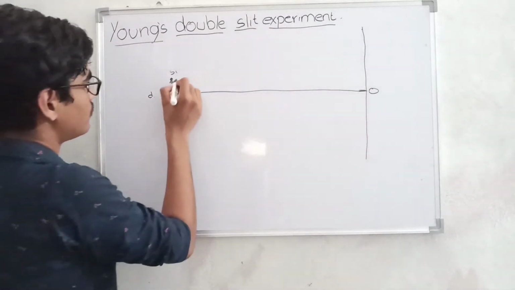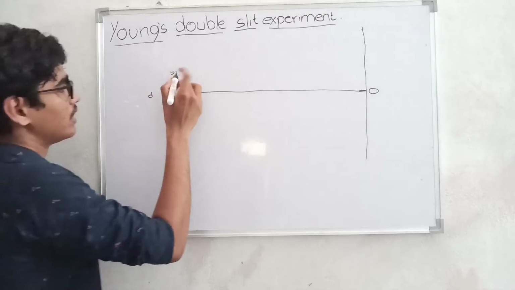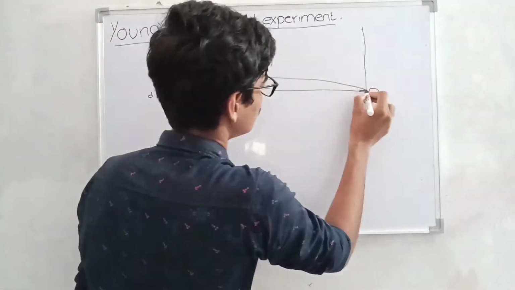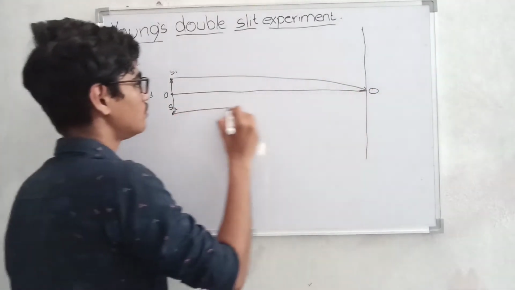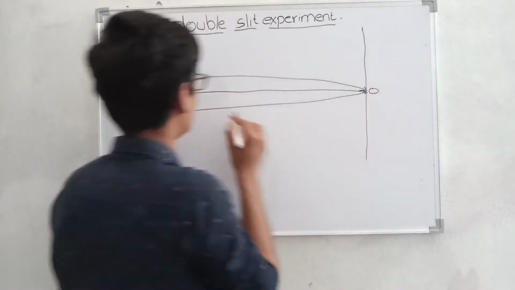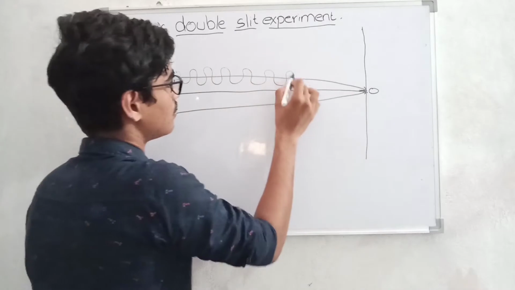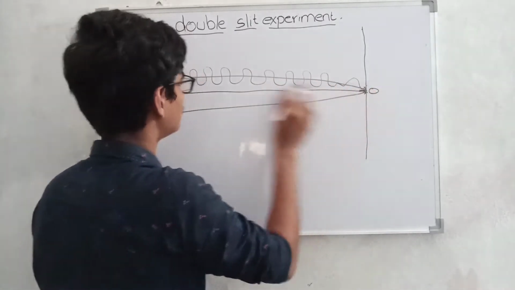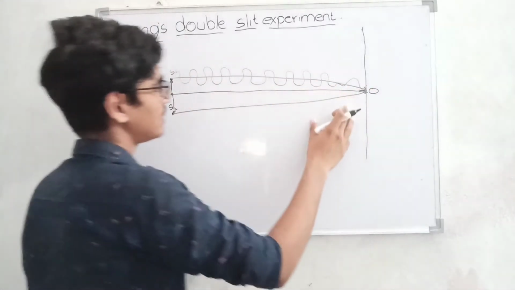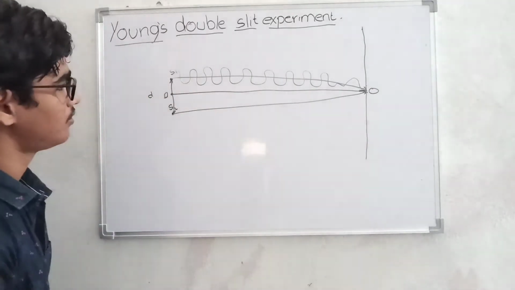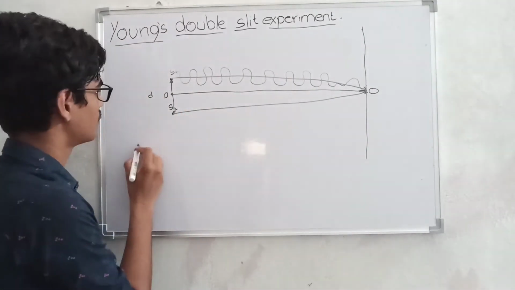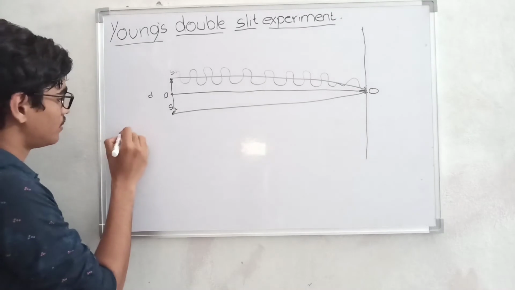If we observe, the rays coming from S1 meet O and S2 also meets O. Actually, this should be written like this, but for our convenience, we write it just as a ray. If we observe here, two triangles are formed.